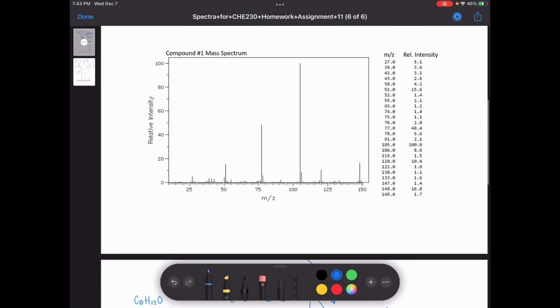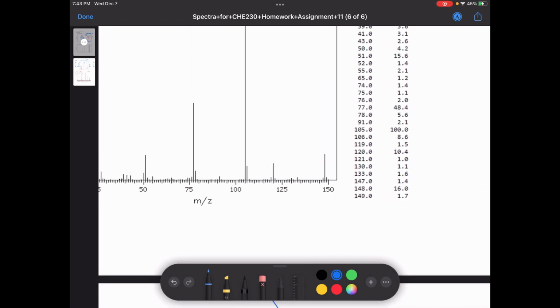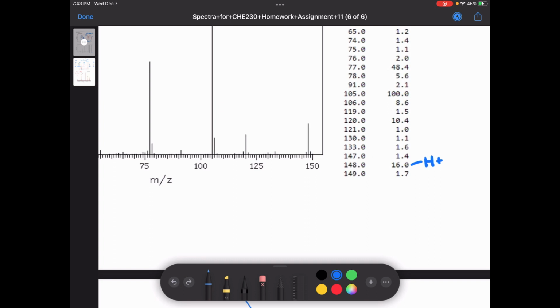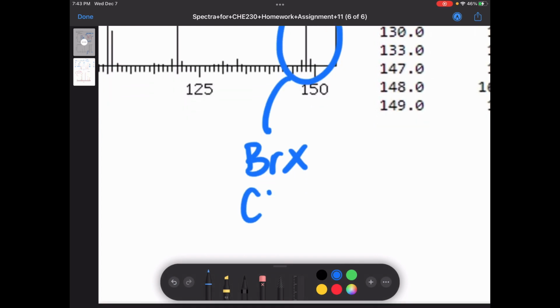So first, let's consider the H+. We're going to look at the H+, which is our next to last, basically, spot. So it's going to be this bar right here. If we look at all of this, this tells us we do not have a bromine and we do not have a chlorine.